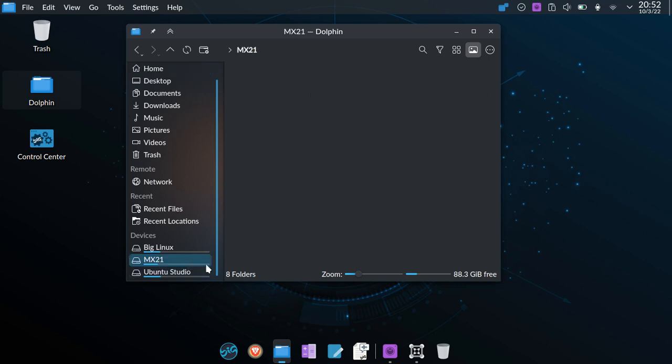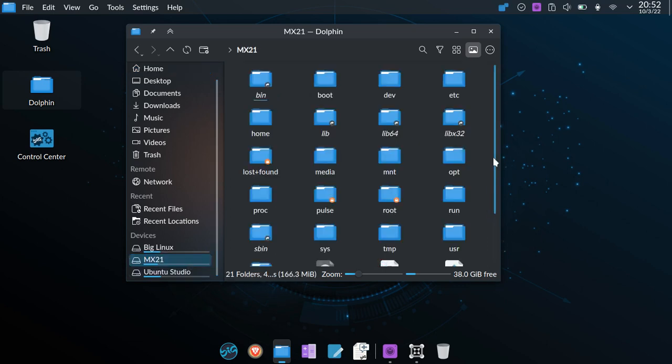Yay! How about my MX? I only gave it like 50 gigabytes of hard disk space, and it is 22% used with 38 gigabytes free. How about my Ubuntu Studio?